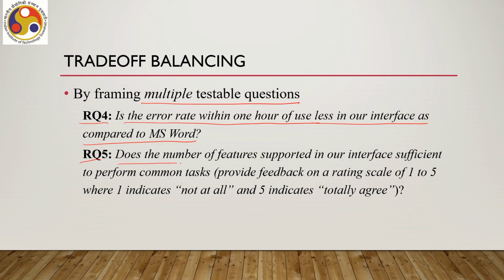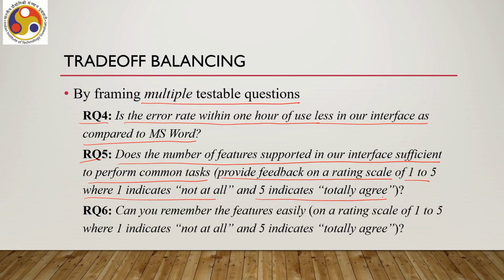RQ5: is the number of features supported in our interface sufficient to perform common tasks? For this, we need to collect feedback on a rating scale of 1 to 5, where 1 indicates not at all and 5 indicates totally agree. Even RQ6: can you remember the features easily, on a rating scale of 1 to 5, where 1 indicates not at all and 5 indicates totally agree?